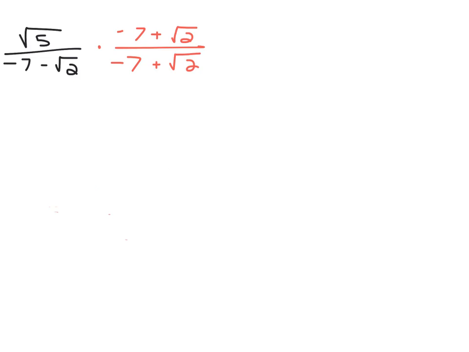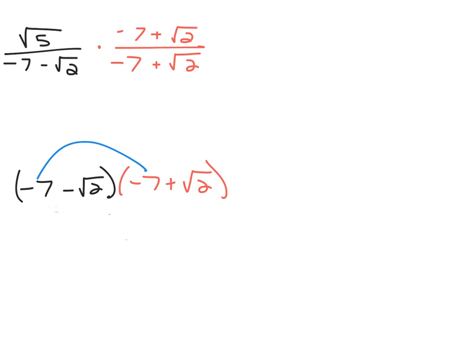So what we're multiplying here then is negative 7 minus root 2 times negative 7 plus root 2. And when we do FOIL, we say first, that times that is positive 49. Outer, we get this times this, which is negative 7 root 2.